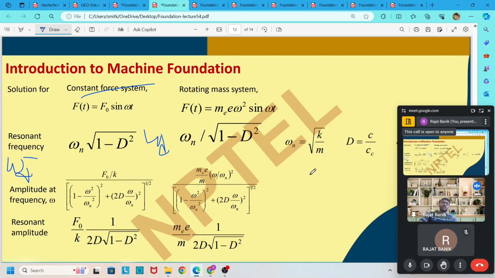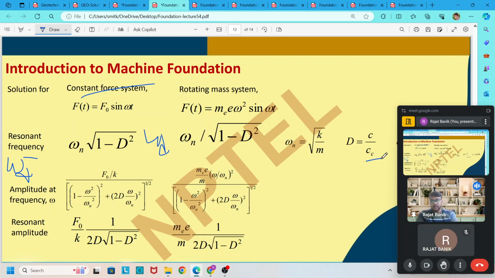Here omega n is the natural frequency, equal to the root over k by m, and d is the damping ratio, equal to c by cc, where cc is the critical damping coefficient and c is the damping coefficient of the present system.